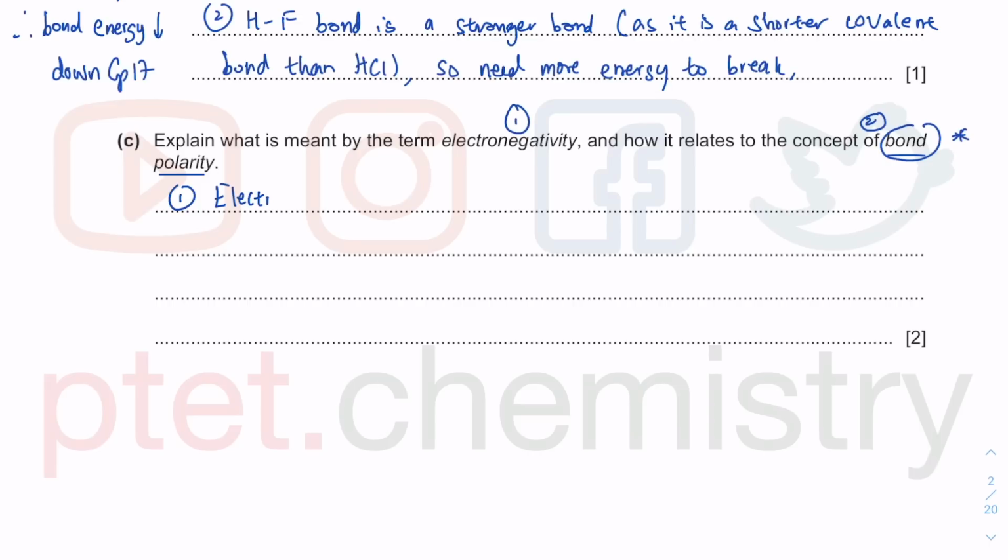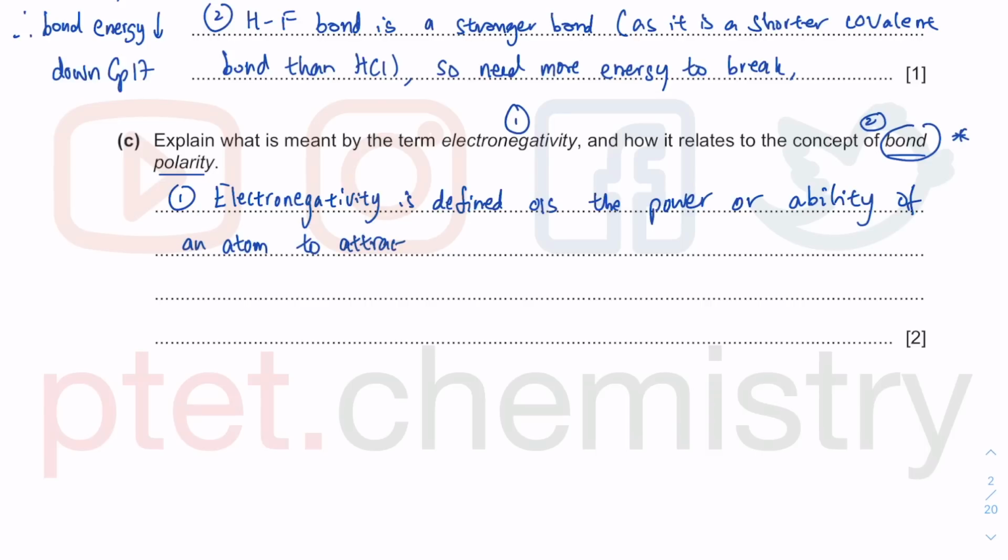So electronegativity is defined as the power or the ability of an atom to attract bonding electrons towards itself.